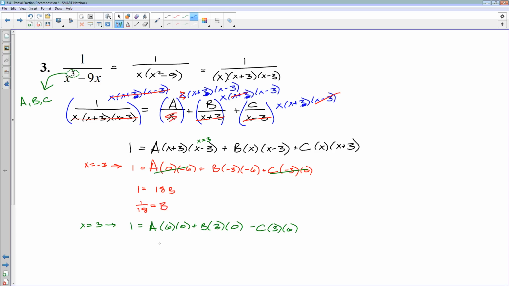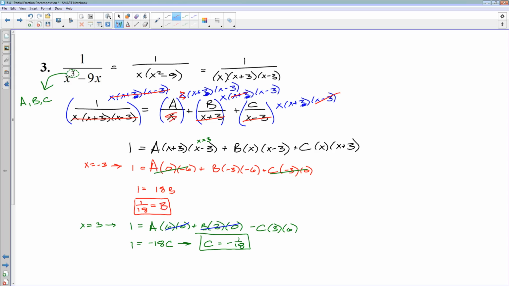And again, we get stuff to cancel. 6 times 0 and 3 times 0, all of that cancels, and we're left with 1 equals negative 18c. When you divide by negative 18, you get c to be negative 1 over 18. Okay, so I solved for c. Go circle my b answer so I don't lose it.